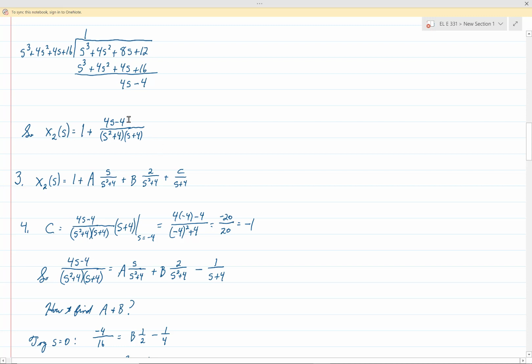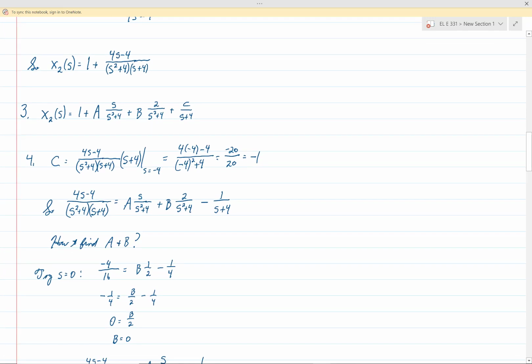Now remember, right now we're just concentrating on this second term up here. The 1 is just getting carried along. So for C, we take 4s minus 4 over s squared plus 4 times s plus 4. We take this term, multiply it by s plus 4, and then evaluate at s equals negative 4. And when we do that, we get c is equal to negative 1.